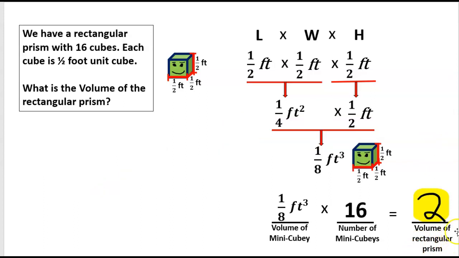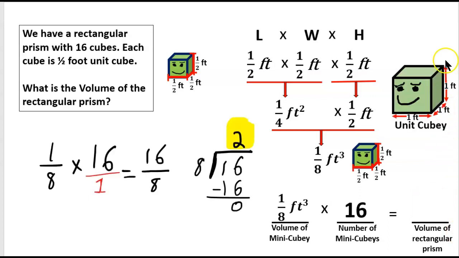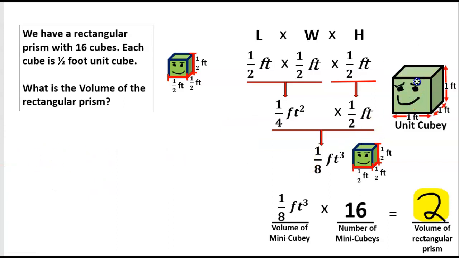So what could our prism be if it's two of those? Let's take one of those. Let's go to the new thing here. Copy. Let's see here. Put it back in. It could be two of these.